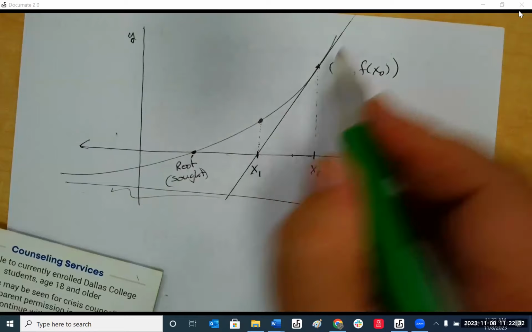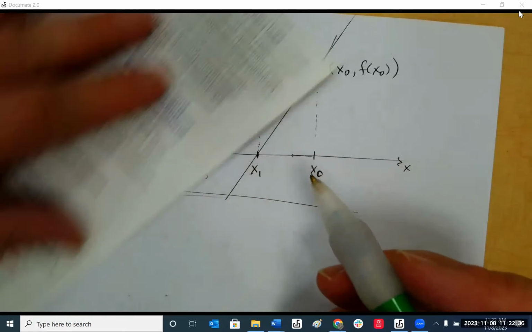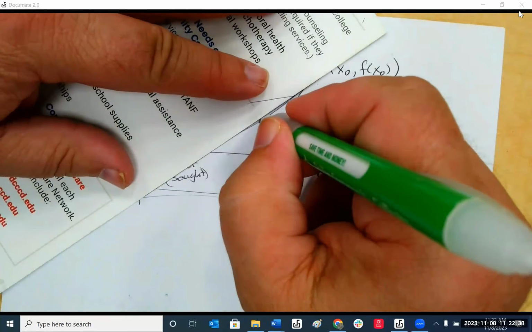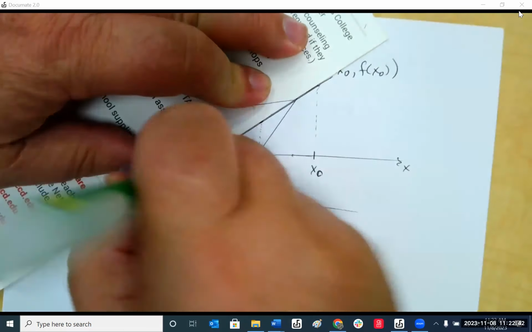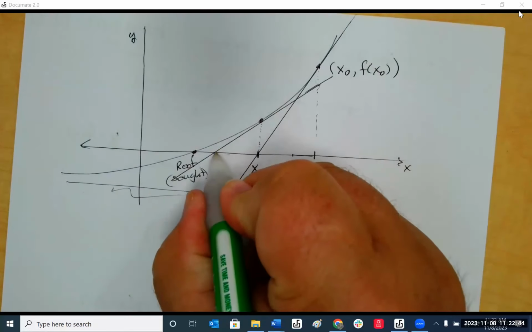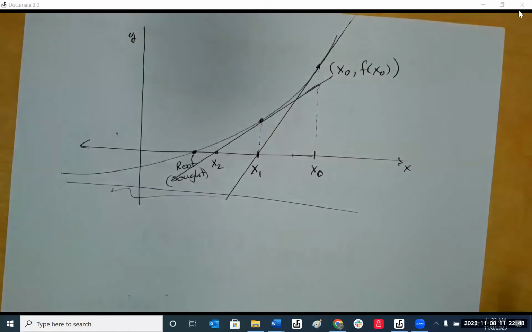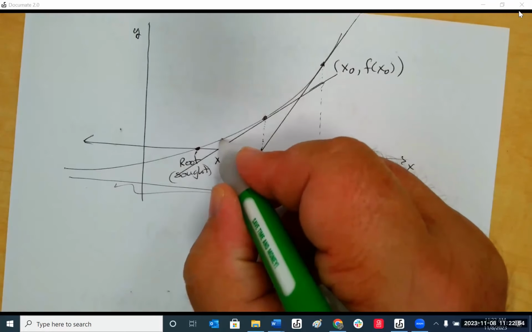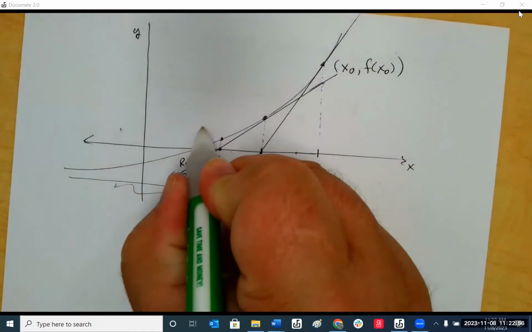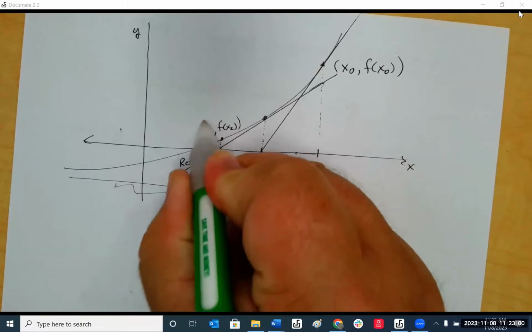Now we have another point where this crosses the x-axis. That's our next x value. We repeat the process. This is my x sub 2, and that gives us x sub 2, f of x sub 2.